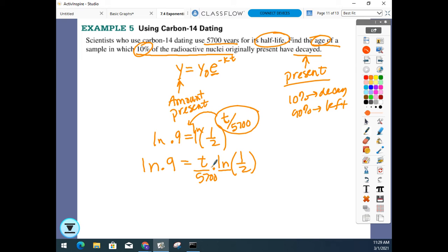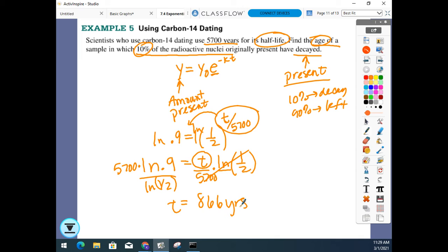So then I'm going to solve for t. I need to multiply by 5,700. I need to divide by ln 1/2. So this gets to be a little bit of a logistical nightmare, but plugging all of this in, I'm going to round to the nearest year.